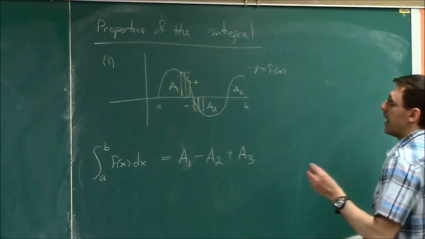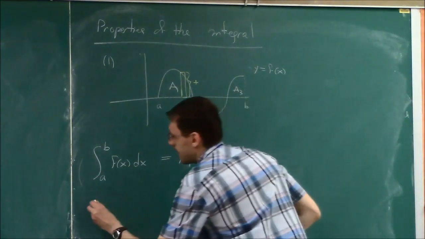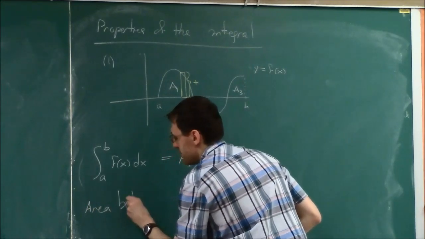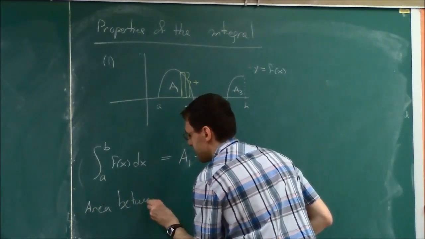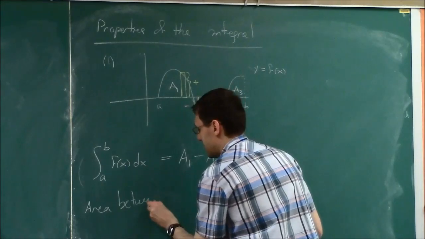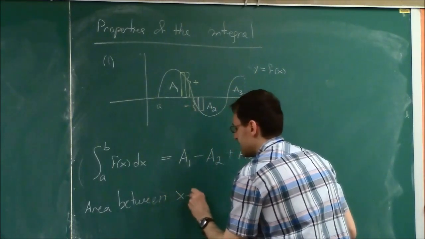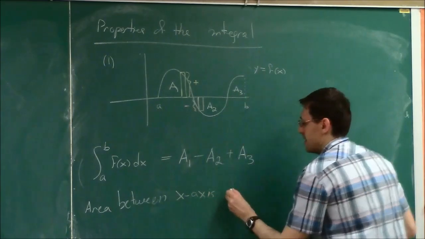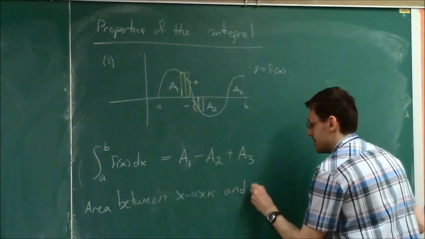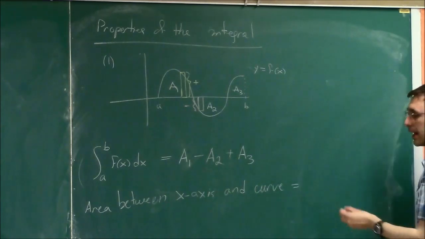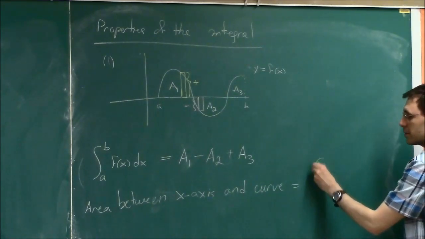So if you want area under the curve, between the x-axis and the curve, it will have to be given by, can you see what I should do to the function to modify it?